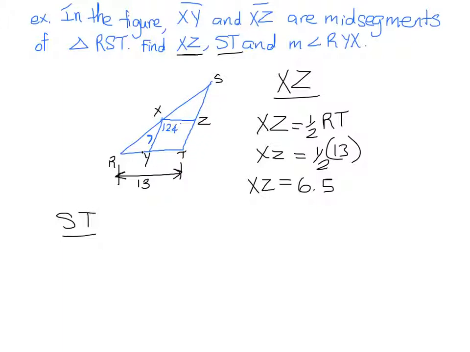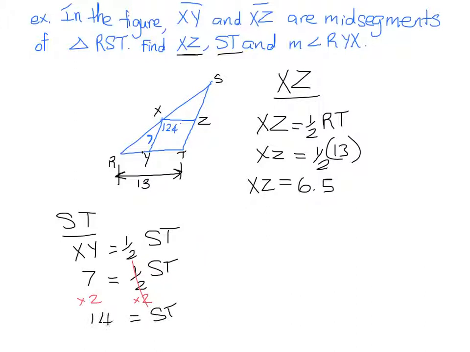So XY is half of ST. We know XY is 7, so 7 is half of ST. Now we can multiply both sides by 2 to isolate ST, and we get that ST is 14. So that is our second thing out of the way.